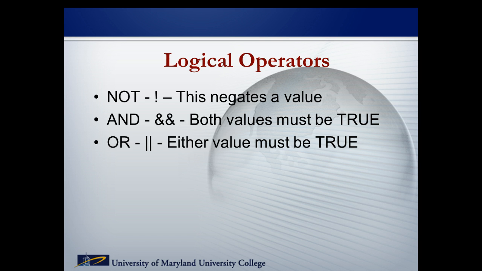And we have logical operators, and these are kind of difficult for some folks to wrap their brains around, but we'll see more on this later on. A not value is just an exclamation point or a bang. This negates the value of that process. And again, we'll see all that a little later on.